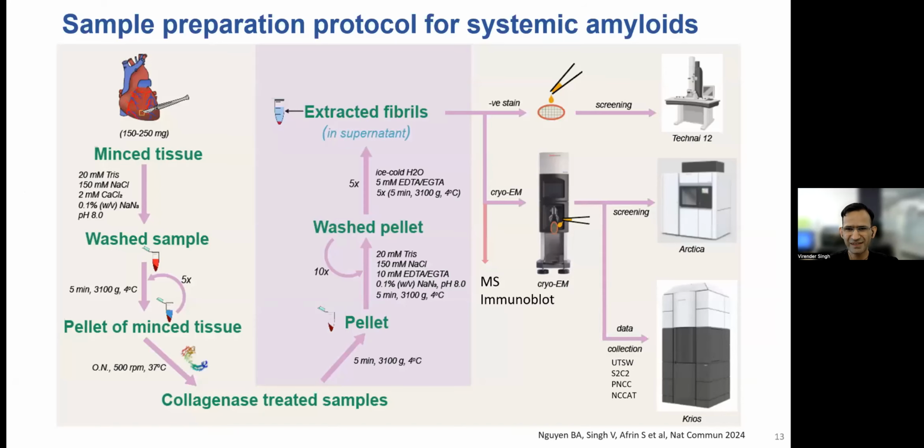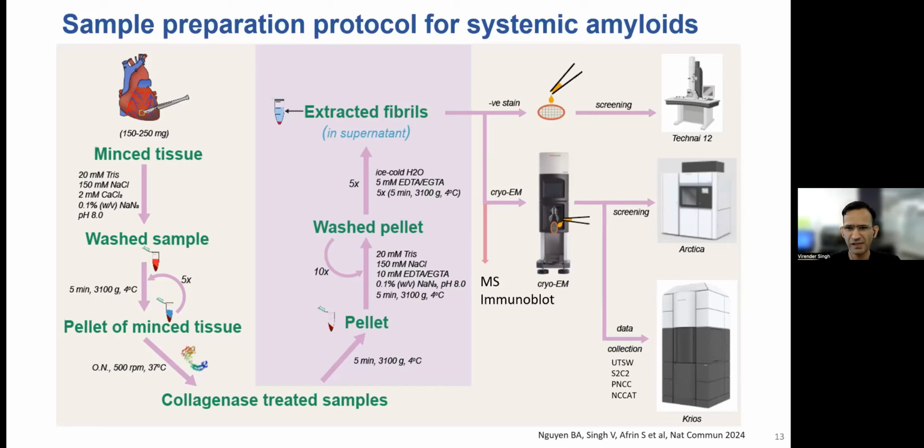This is the protocol which we follow for the preparation of amyloids when it comes to systemic amyloidosis. We mostly use around 150 to 250 mg of tissue. It could come from fresh frozen heart, or it could be a different tissue.